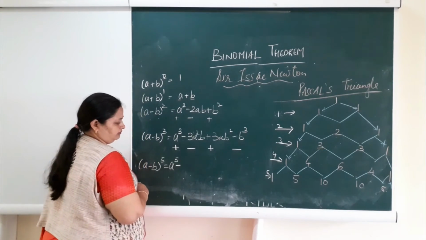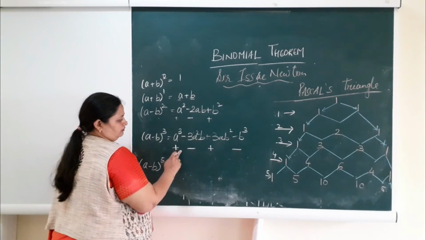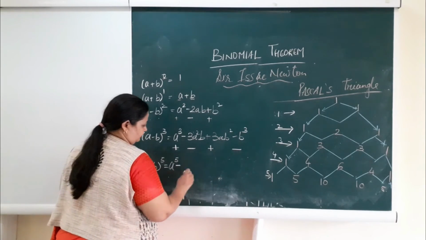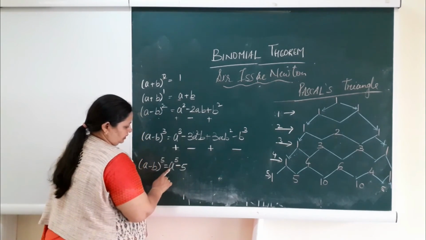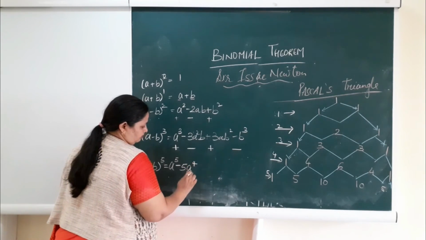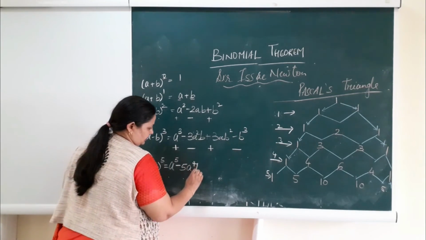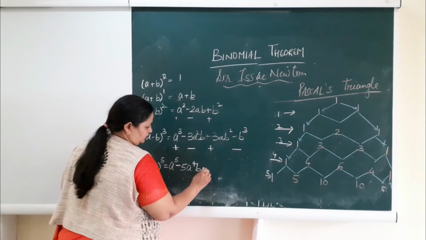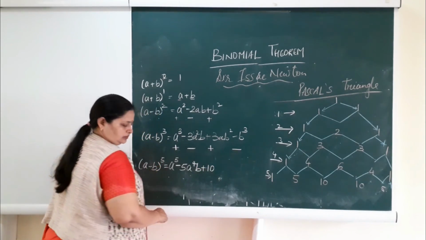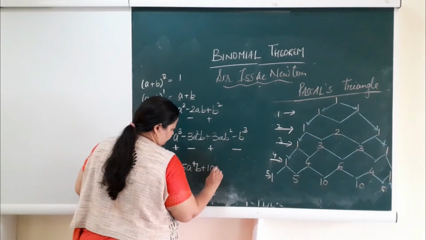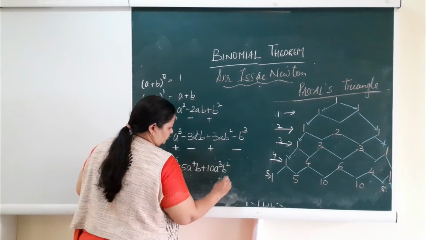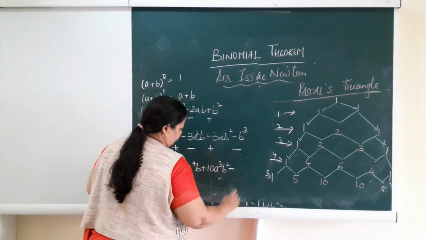Next, we'll have a minus sign, because I said we'll have alternate plus and minus signs. Coefficient will be 5. Power of a will be reduced, it will be a^4. Power of b will increase, so it will become b. Then a positive sign. Coefficient will be 10. Now power of a will be 3 and b will be 2. Then a negative sign.